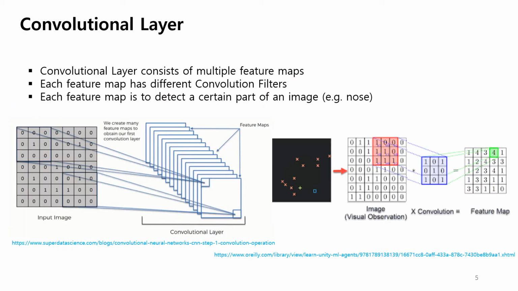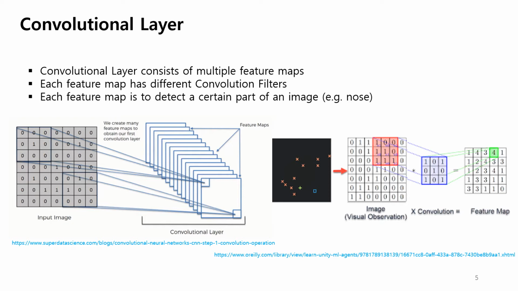This picture shows some examples of convolution layer. As I said, a convolution layer in CNN consists of many feature maps. Each node in a feature map looks at a small area of data.